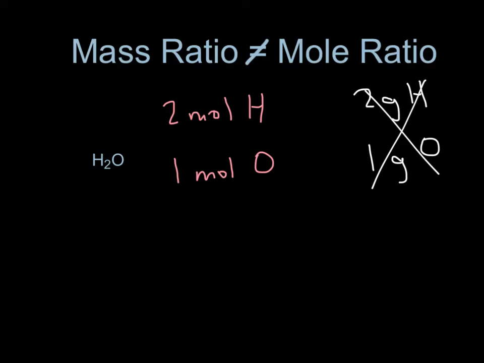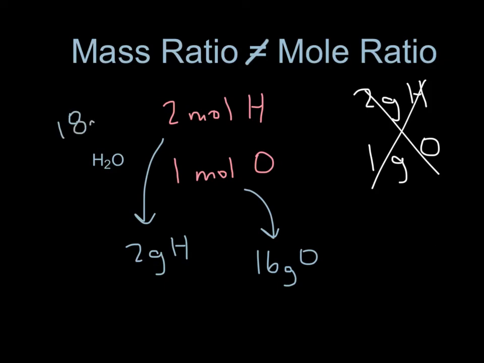In fact, if we were to use the periodic table, we could see that 2 moles of hydrogen is about 2 grams of hydrogen, and 1 mole of oxygen is about 16 grams of oxygen. That'll give us a molar mass for water of 18 grams per mole. Of the 18 grams per mole of water, 2 of that is hydrogen.